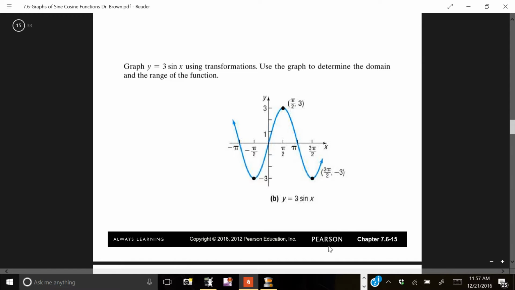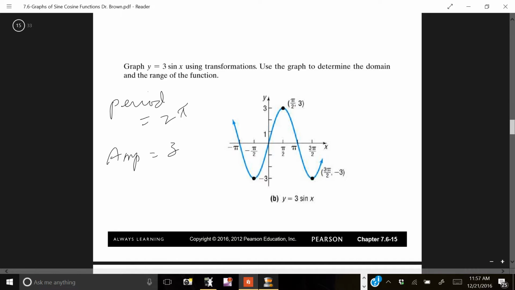So let's graph y equals 3 sine of x. The period, obviously, is equal to 2 pi. And the amplitude is equal to 3.